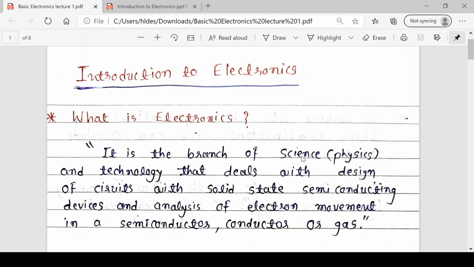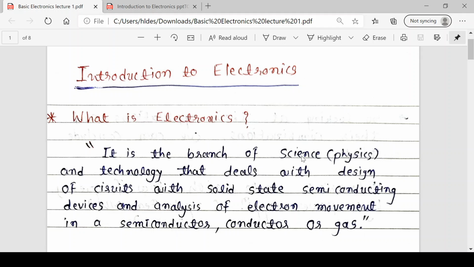It is the branch of science, or you can say physics and technology, which deals with design of circuits with solid state semiconducting devices, and it also analyzes electron movement in a semiconductor, conductor or gas. So basically electronics means you have to analyze the flow of charged particles, electron as well as lack of electron.